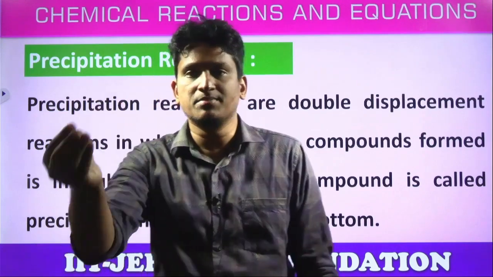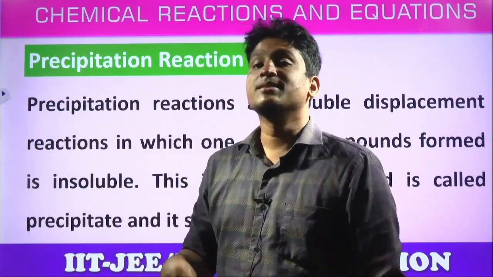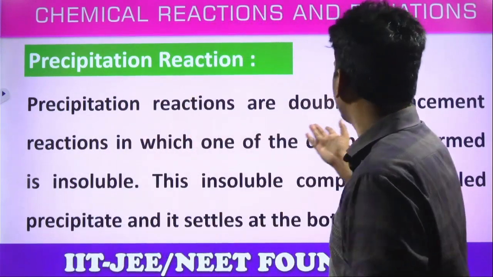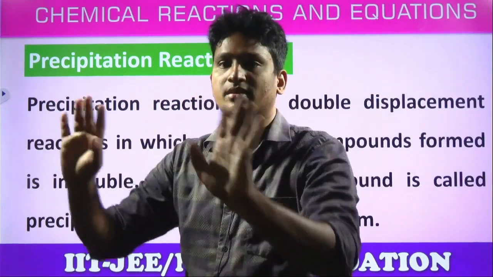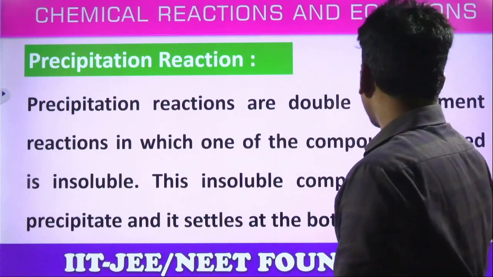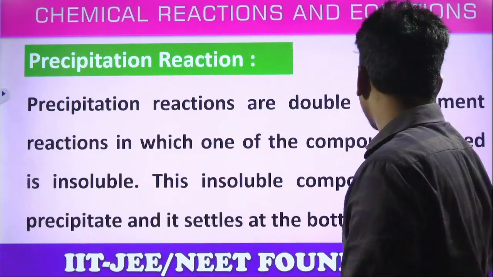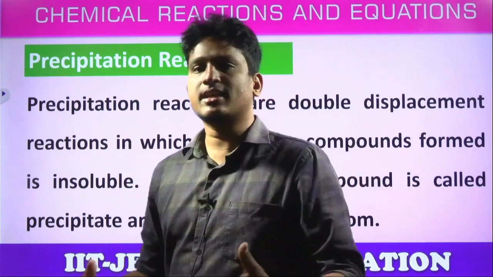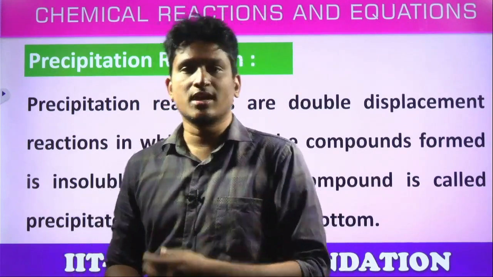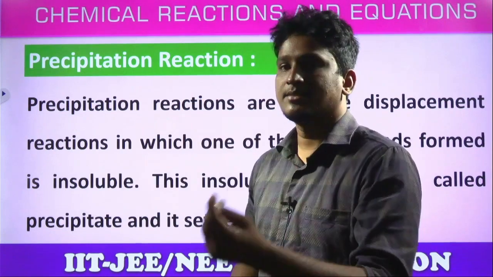That is called a precipitate, and the reactions are called precipitation reactions. So precipitation reactions are double displacement reactions only, students, in which one of the compounds produced is insoluble. This insoluble compound is called a precipitate and it settles at the bottom. Sometimes it has a characteristic color also. Based on the color also we can identify the respective precipitate.